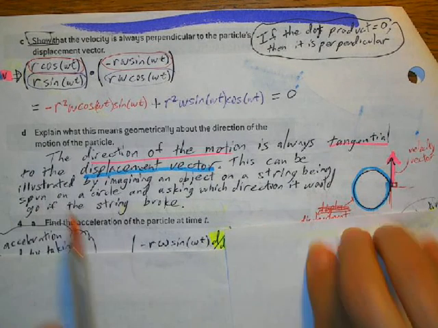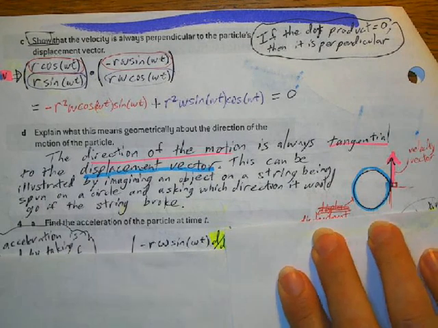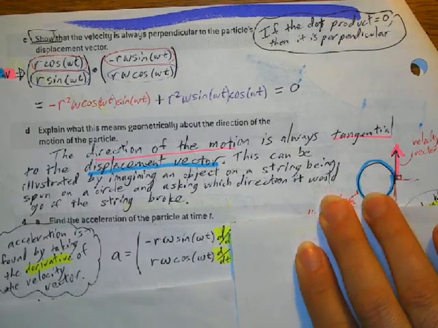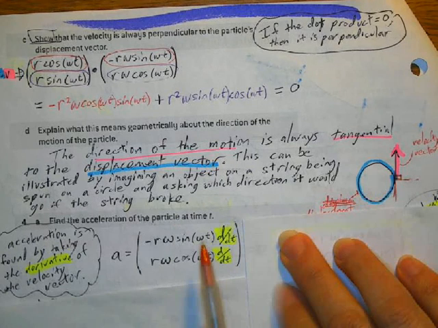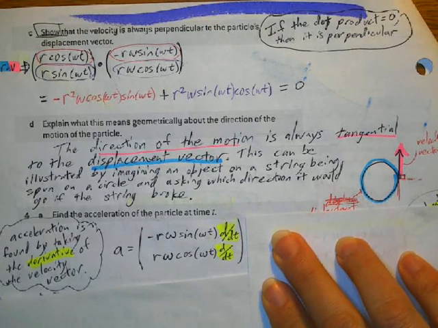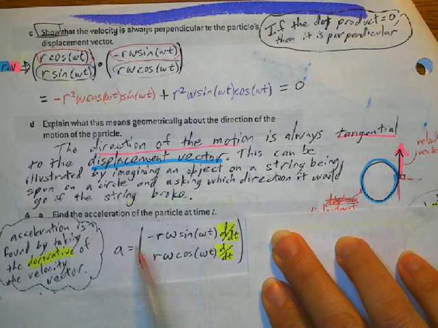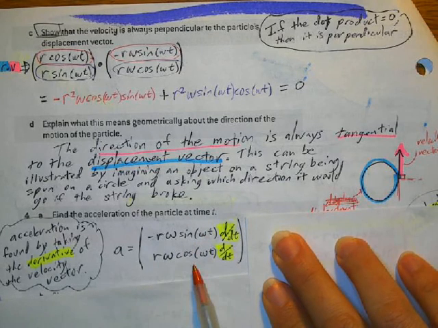Find the acceleration of the particle. To find the acceleration, we have to take the derivative of our velocity vector. Here is the velocity vector from the previous page, highlighted in pink, and we take the derivative of each component.